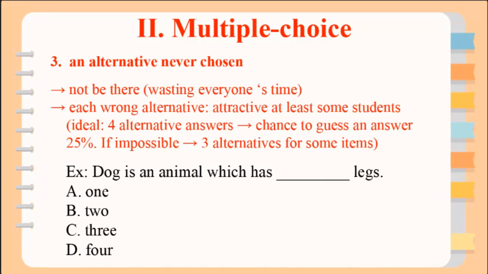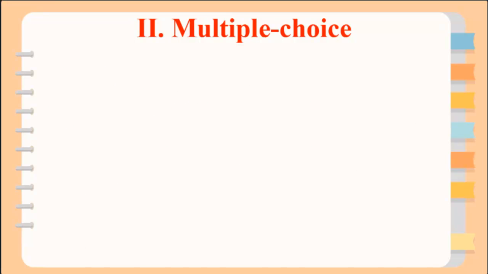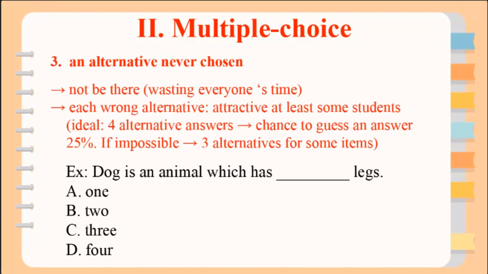In this case, we need to make the alternatives more attractive to the test taker. Ideally, each alternative answer gets 25% of the test takers. If that is not possible, three alternatives is acceptable.